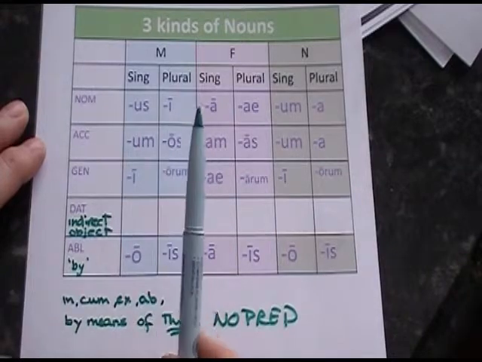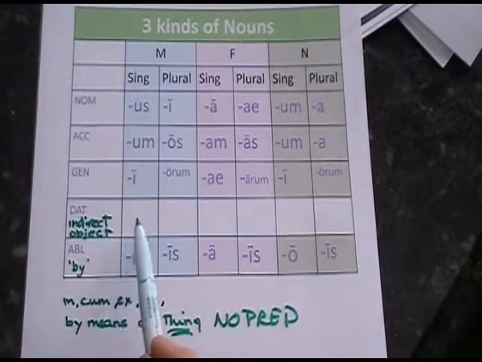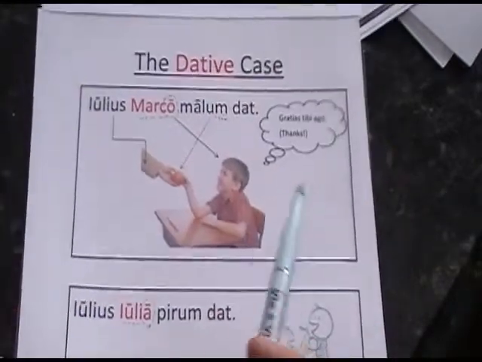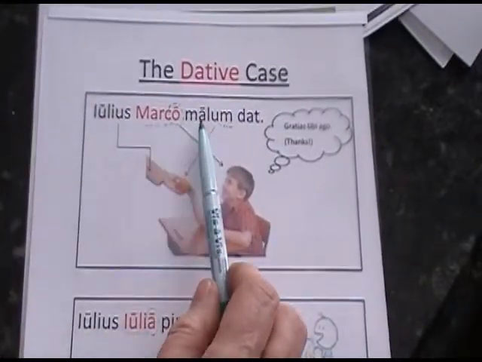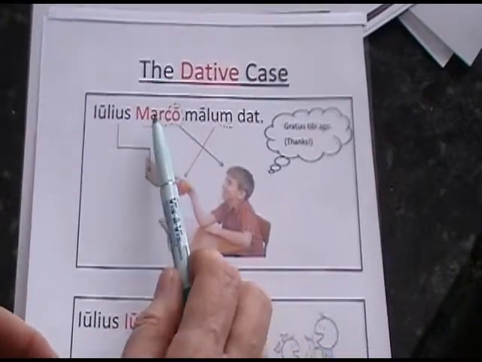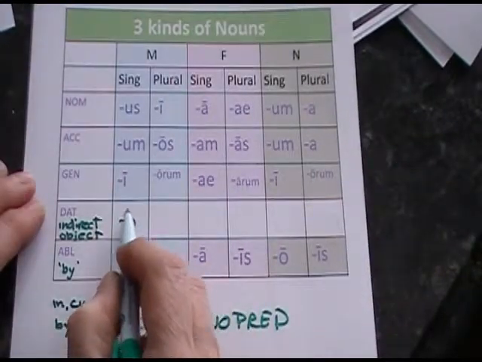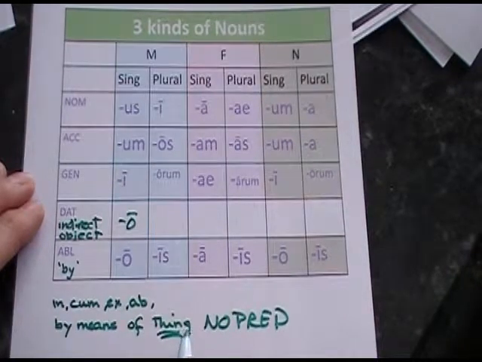Okay, so dative, indirect object, what endings go here? Well, remember we had this one, Julius Marco malum dat. So singular masculine is going to be an O with a macron.